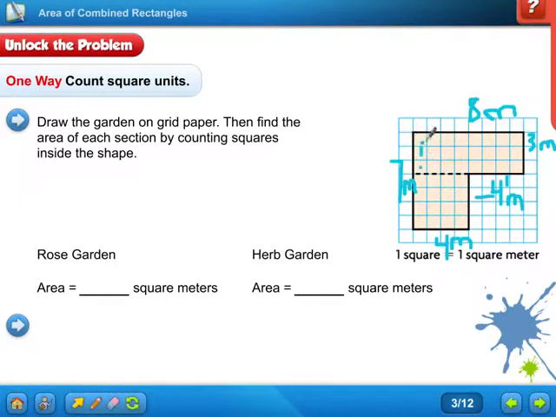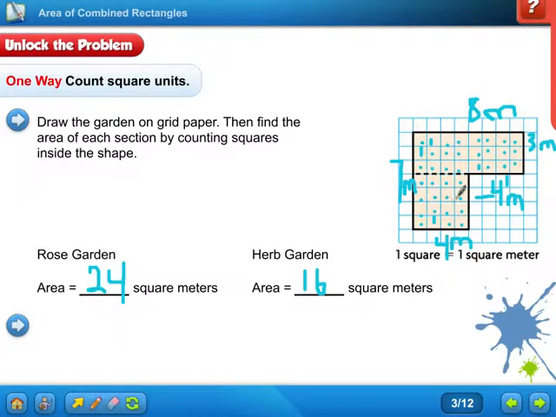1, 2, 3, 4, 5, 6, 7, 8, 9, 10, 11, 12, 13, 14, 15, 16, 17, 18, 19, 20, 21, 22, 23, 24. So 24 square meters. And then we have to find out the herb garden. 1, 2, 3, 4, 5, 6, 7, 8, 9, 10, 11, 12, 13, 14, 15, 16. 16 square meters.